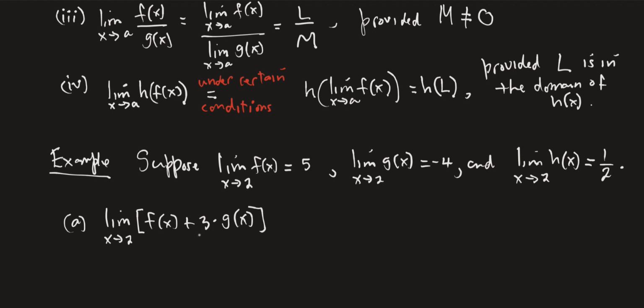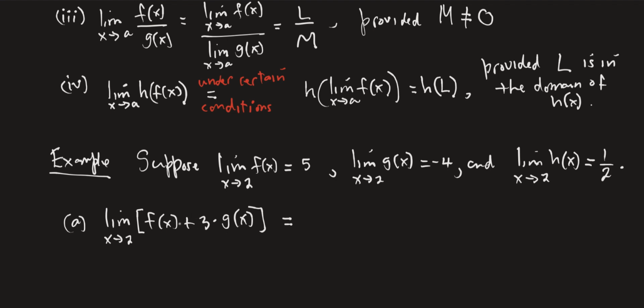The way that function is formed is by taking f of x and adding it to 3 times g of x. But because we don't know an equation for f and g, and we're not given a graph for f and g, we can't use any of those methods, so we have to apply these algebraic properties. So let me apply the properties step by step so you can see what's going on.